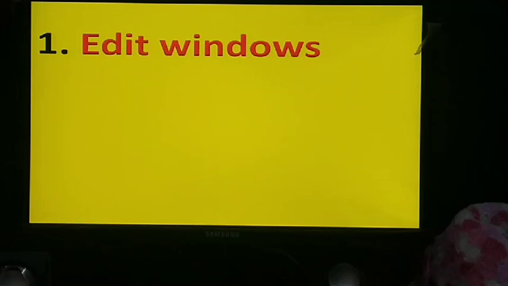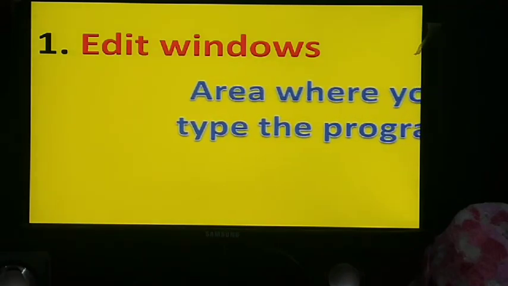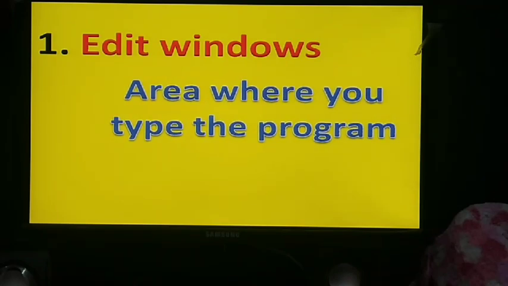Do you know, class, what is the right answer of this? This matching's right answer is area where you type the program. First matching is edit windows and the answer is area where you type the program.